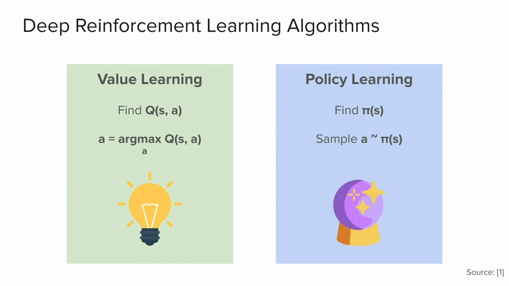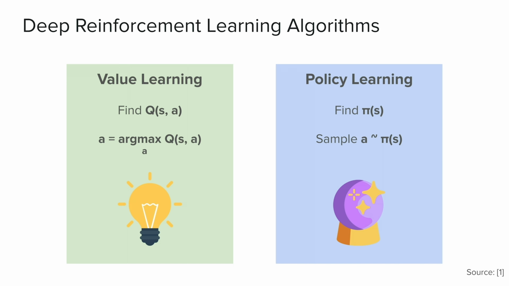We're trying to find exactly this Q function that I've just been talking about. So we're trying to learn the Q function somehow, and given a Q function, we can take the policy that we've just described, taking the argmax over A, the action that gives us the highest reward in each state, and applying that.